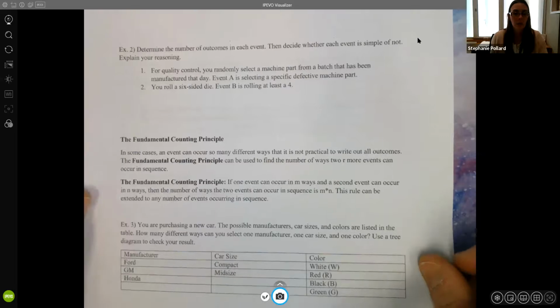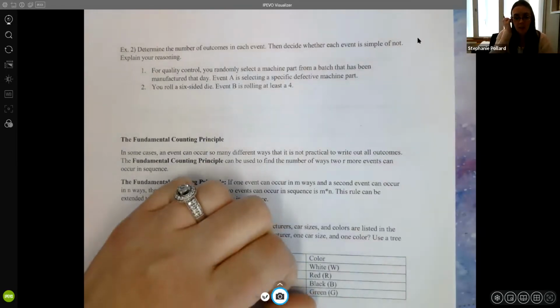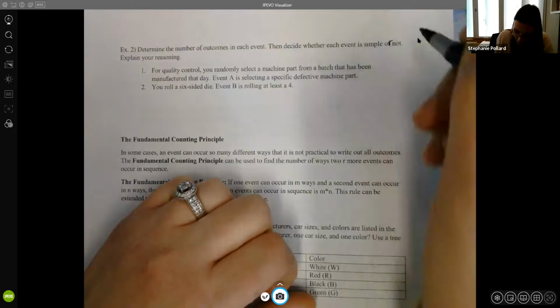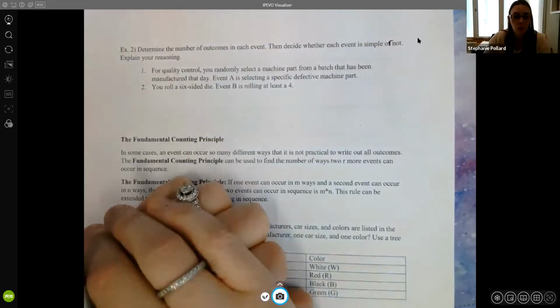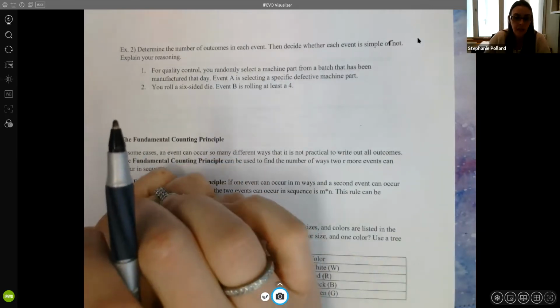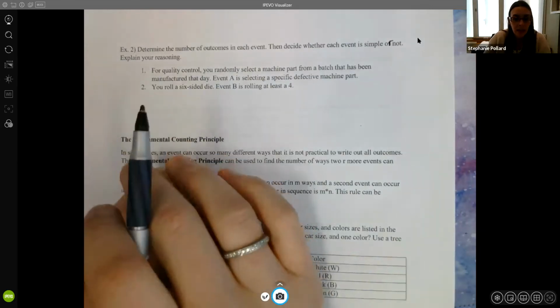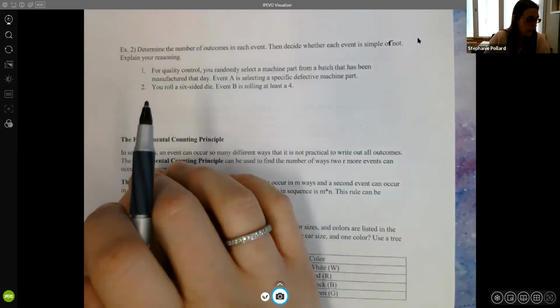Example 2. Determine the number of outcomes in each event and then decide whether the event is simple or not. So for 1, for quality control, you randomly select a machine part from a batch that has been manufactured that day. Event A is selecting a specific defective machine part.